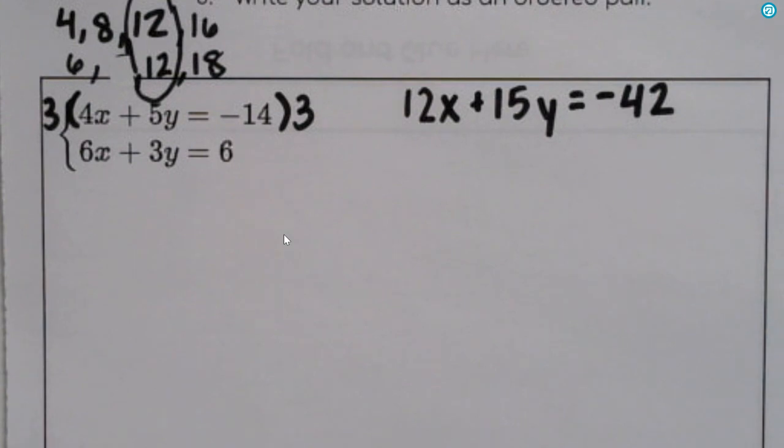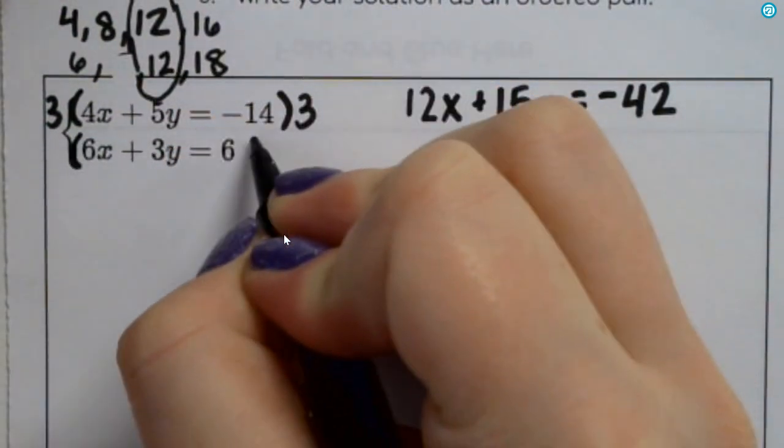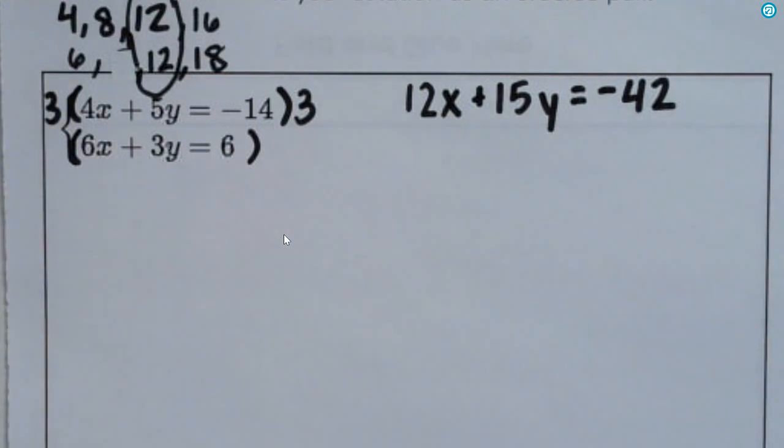Okay, so we turn the top one into positive 12x, which means we need to turn the bottom one into negative 12x. So what do we need to multiply our bottom equation by to do that? What do we need to multiply 6 by to turn it into negative 12? Negative 2. So 6 times negative 2 will give us negative 12.